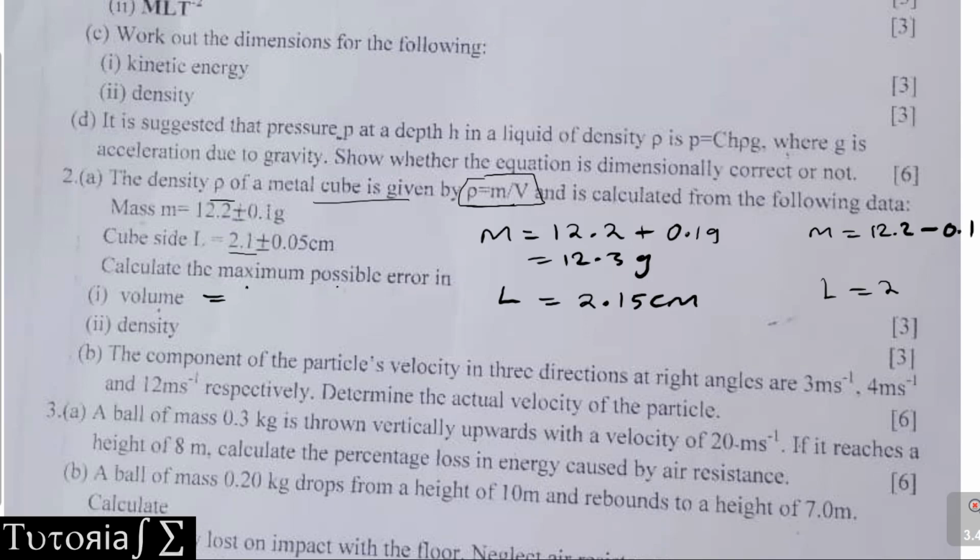Okay, so volume is equal to L to the power 3. In this case, it would be 2.15 to the power 3, let me just pull out my calculator here. 2.15 to the power 3 would be 9.938375 centimeters cubed, which is approximately 10 centimeters cubed.